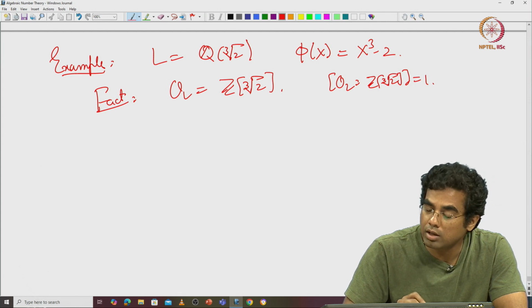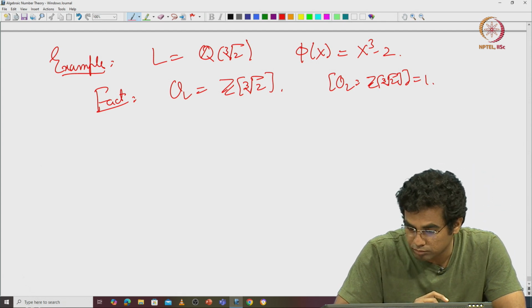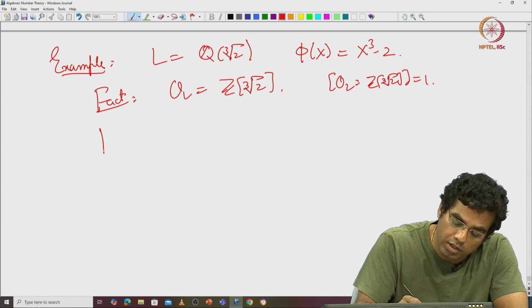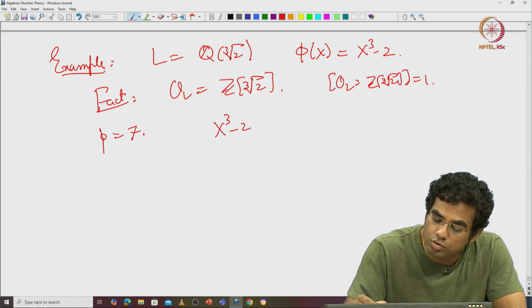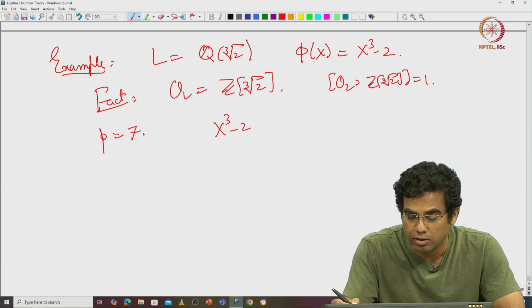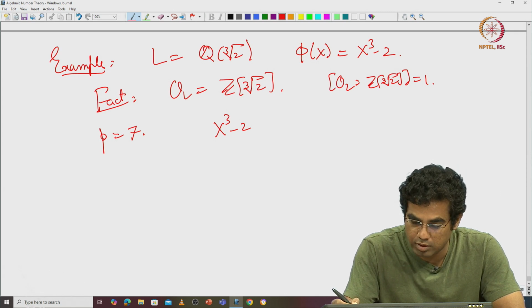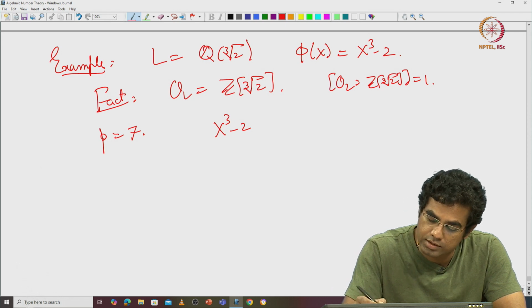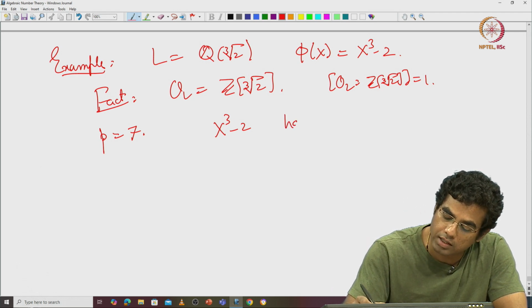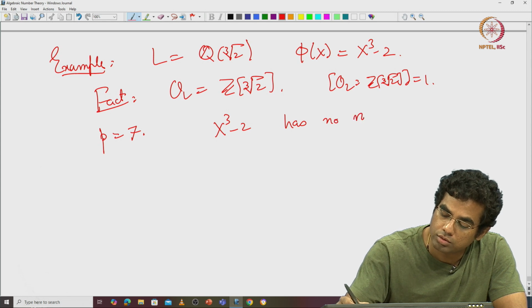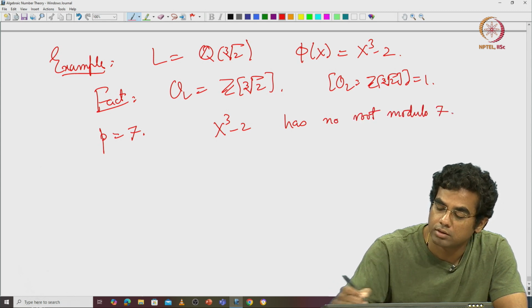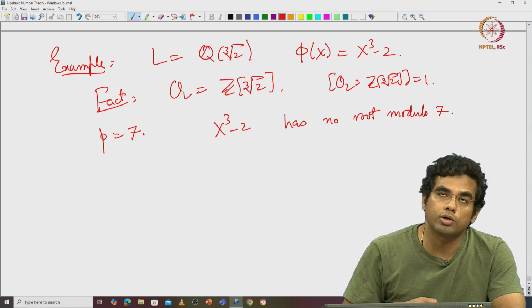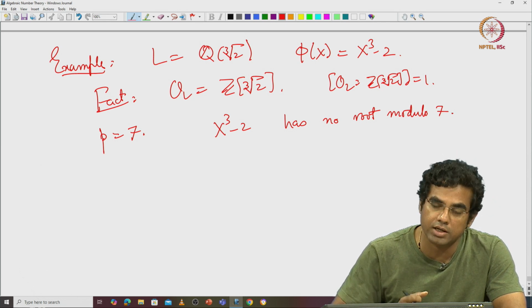So, now you can take some prime, let us say p equal to 7, and you consider x cubed minus 2 mod 7. Does it have a root? This has no root modulo 7, because the only cubes modulo 7 are plus 1 and minus 1.